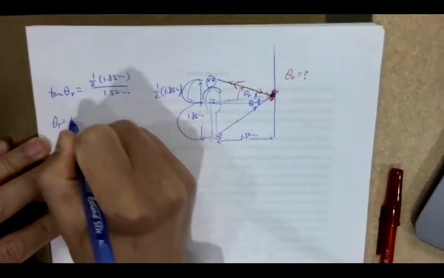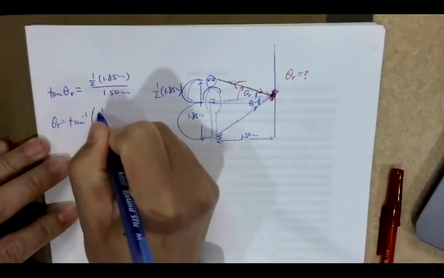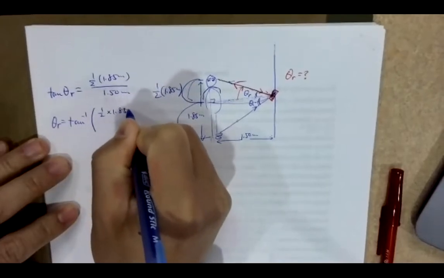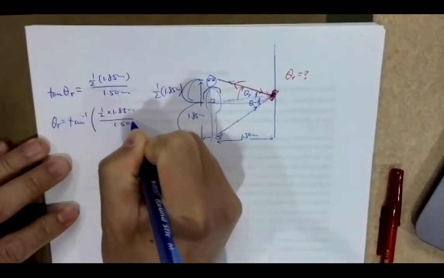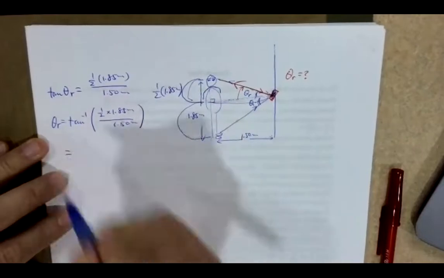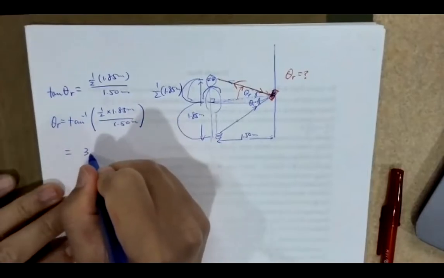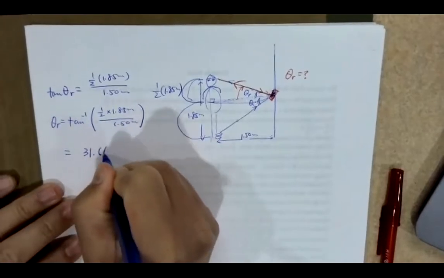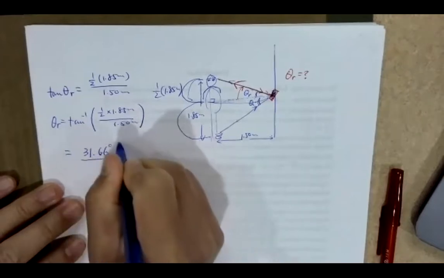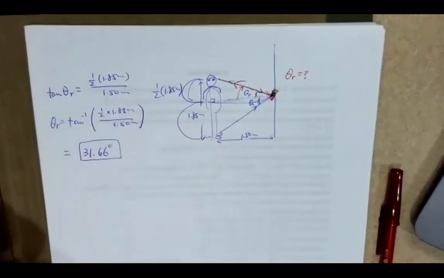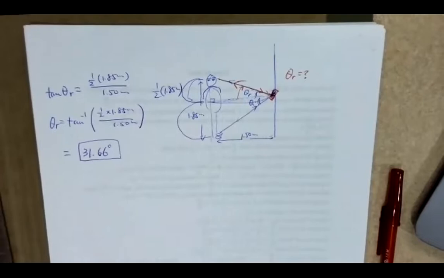Theta r will be the tangent inverse of (1/2 times 1.85 meters) over 1.5 meters, and that will give you 31.66 degrees. That's how much you want to tweak the mirror so that you can see your eye in the mirror.